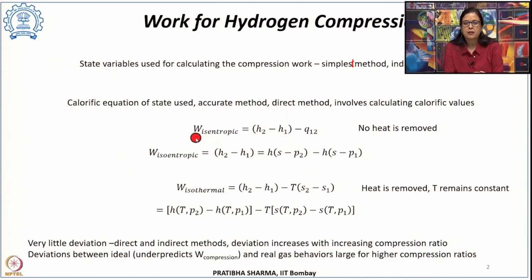Like if we consider the process to be an isoentropic process such that there is no heat exchange or heat is not being removed from the process, in that case we can write the work of compression as H2 minus H1 minus the heat exchanged in the process, but since this is 0, so the isoentropic work can be written as the difference in the enthalpies, the specific enthalpies of the two states, where the pressure has changed from initial pressure P1 to a final pressure P2.